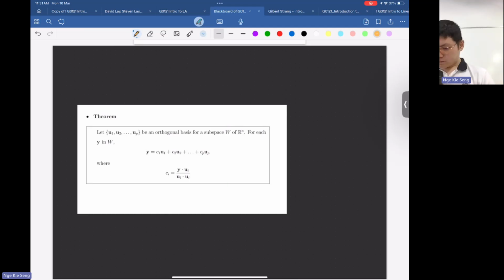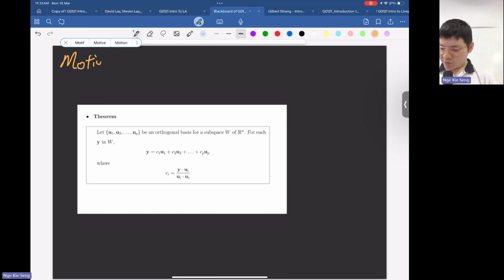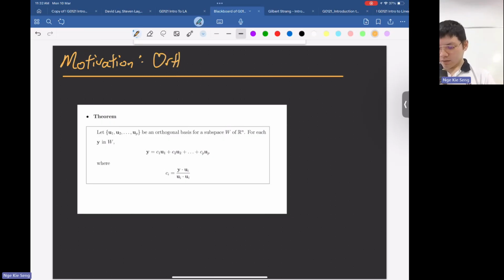So now, what's our motivation here? Previously we have this theorem, and we're going to interpret this theorem as orthogonal projection onto a subspace.